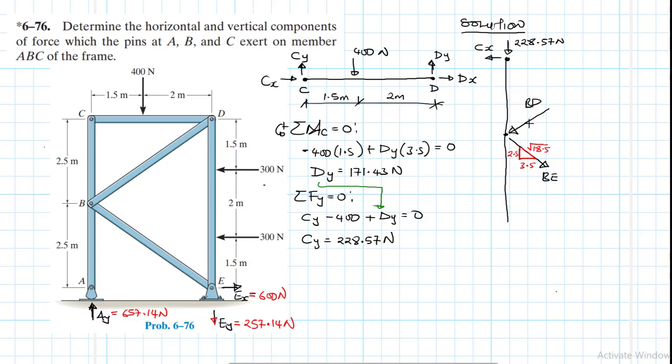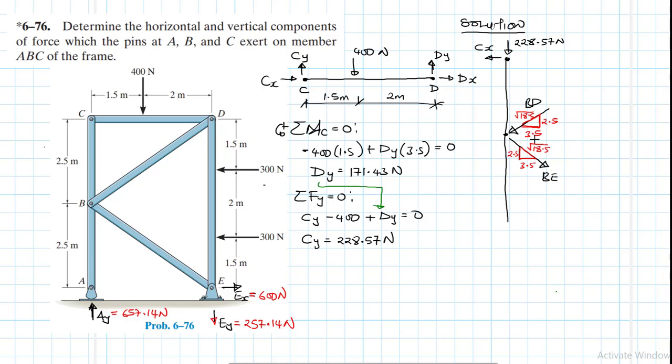Right. And then for BE, let's check. For BE, I have the run of 3.5, the rise of 2.5. They have the same values, right? So this is also root of 18.5. Okay.